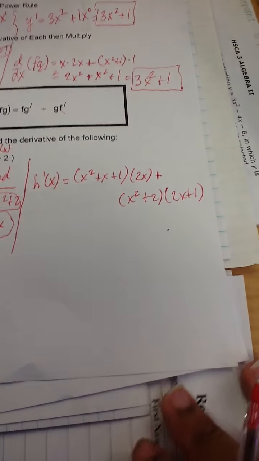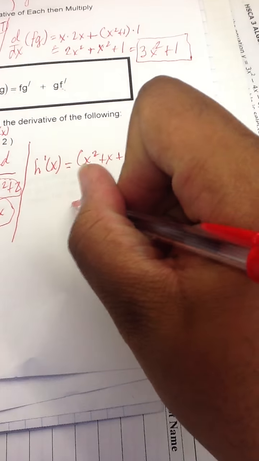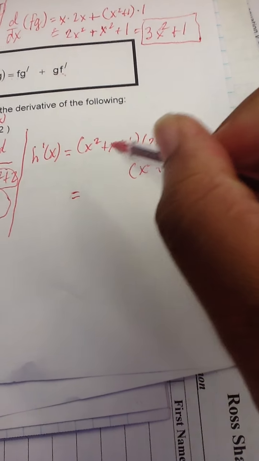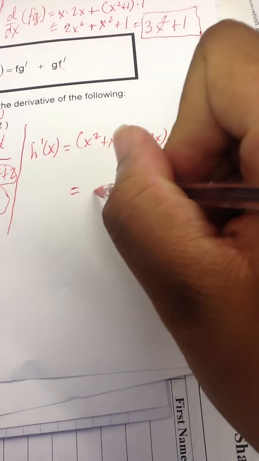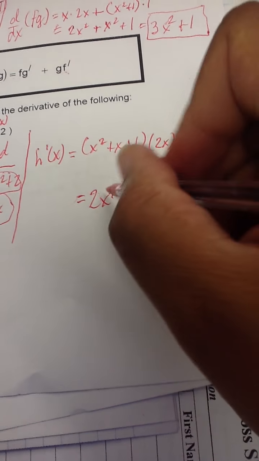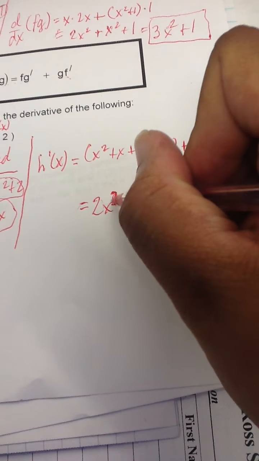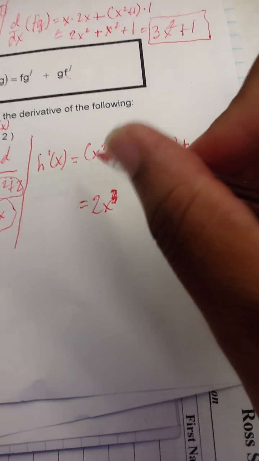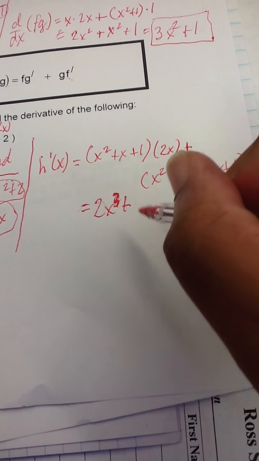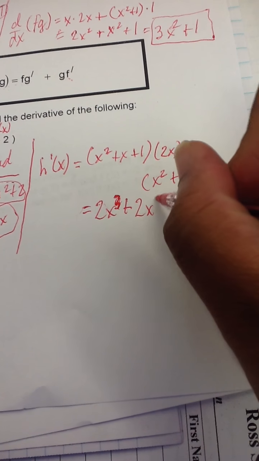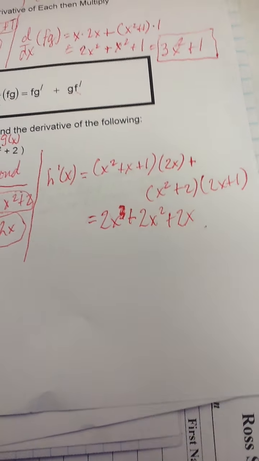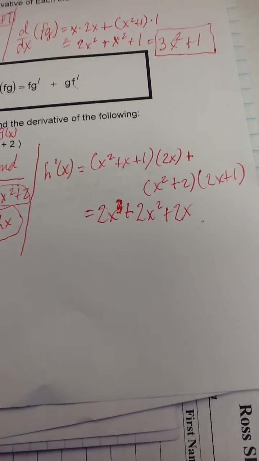So if I simplify that by multiplying it through, I'll get 2x times everything in this first parentheses. That's 2x to the fourth. I'm sorry, 2x to the third. My bad. That's an x, that's 2 x's. Plus 2x squared plus 2x. That's 2x being multiplied to everything right there.